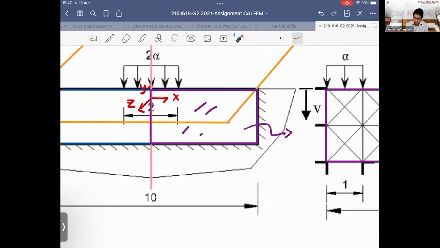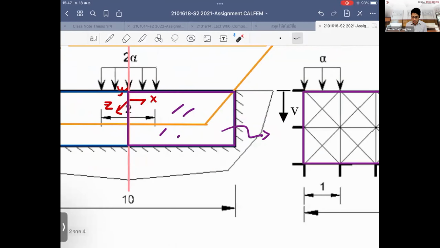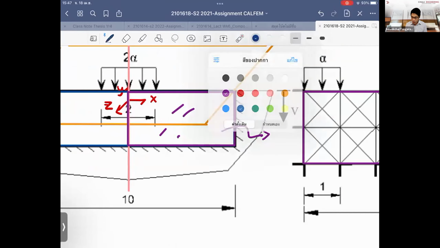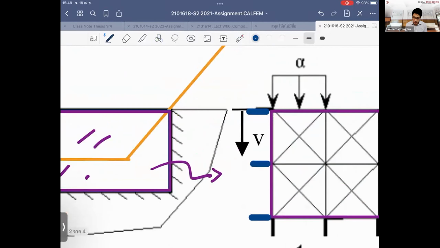The symmetry line tells us that the node movement along the x-axis is equal to 0, but it can deform in the y-axis. So we have conditions here to restrain the movement of the nodes along the symmetry line, and I'm saying that the movement in the x direction is equal to 0.